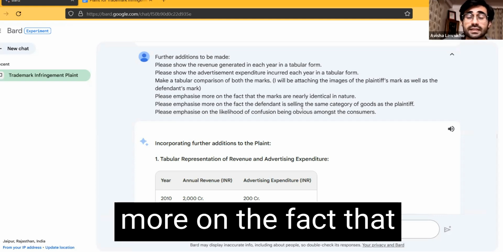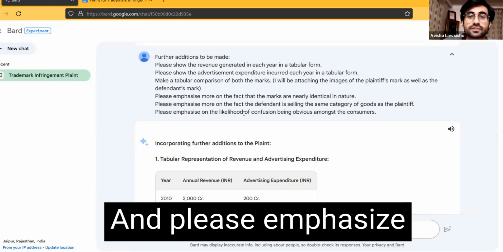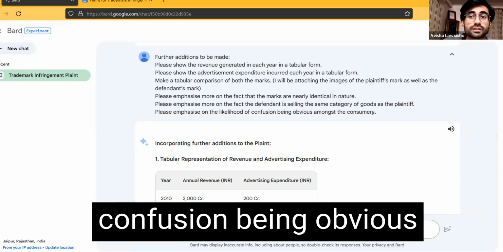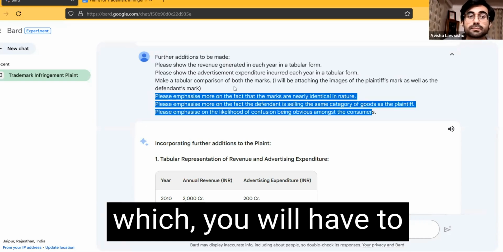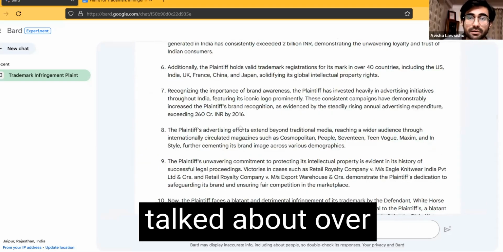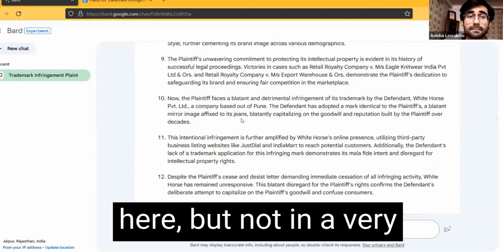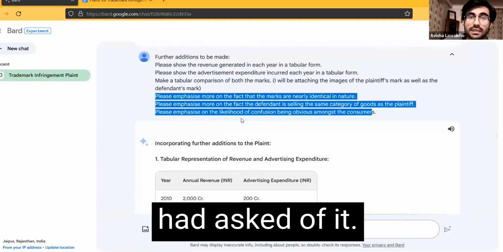Please emphasize more on the fact that the defendant is selling the same category of goods as the plaintiff. And please emphasize on the likelihood of confusion being obvious amongst the customers. So these are things which you will have to emphasize more upon. I mean, it has been talked about over here, but not in a very emphatic manner. So this is what I had asked of it.